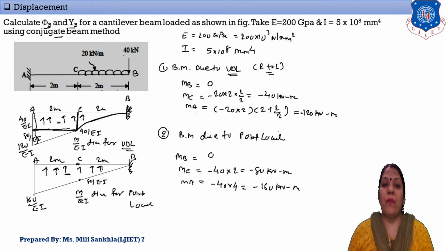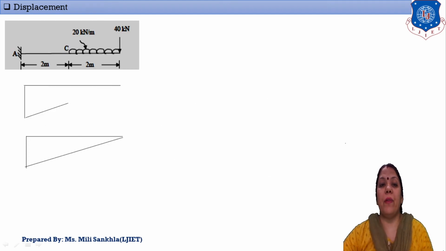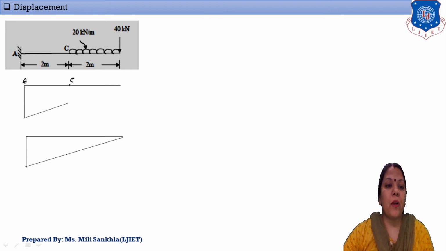Now next we find our slope and deflection one by one, because here we use the conjugate beam method. First again complete this A point, C point, and make the free end fixed, and the given point is our B point, an inward parabola. This point is 40 by EI. Simply I take values, as I explained in the figure.